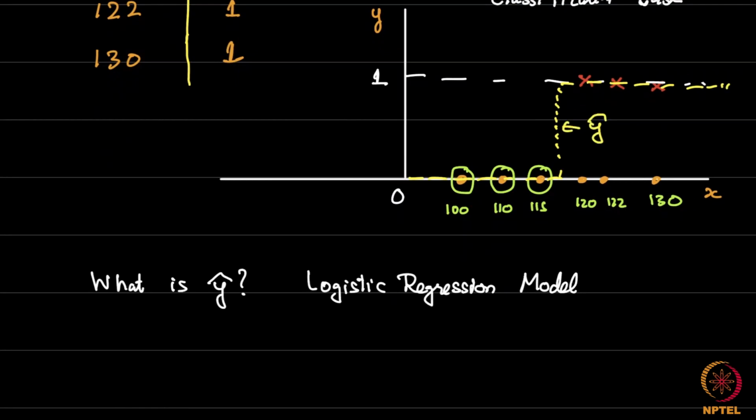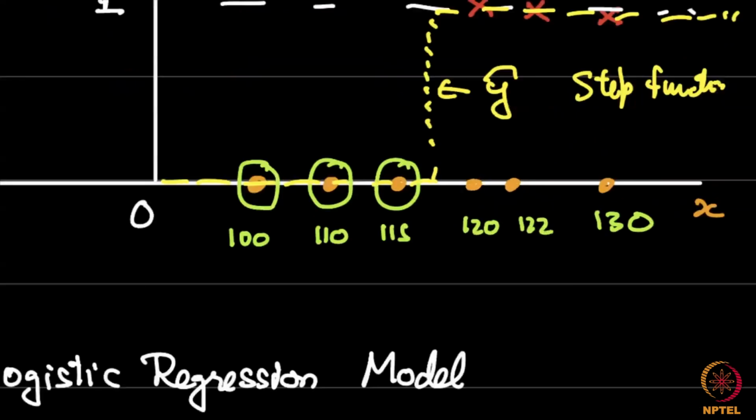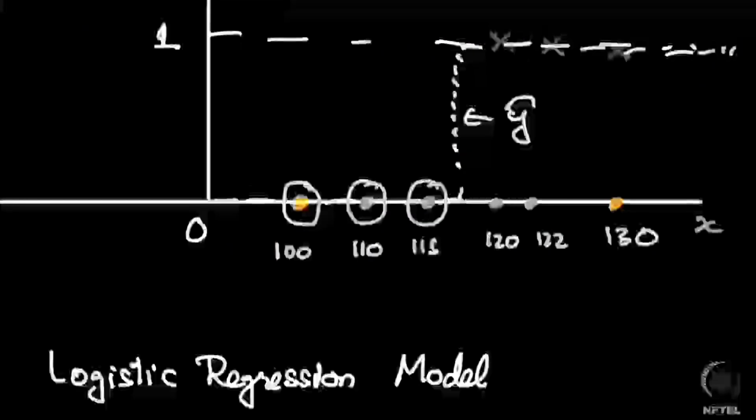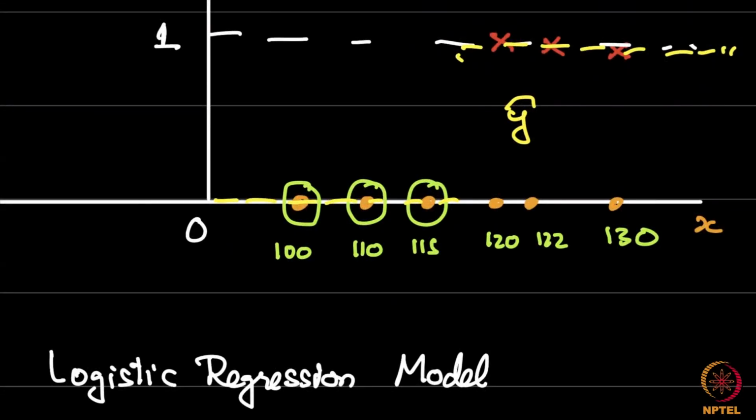And indeed, in the earlier days of machine learning, this was the Y hat that was chosen, a step function. This turns out, due to multiple reasons, especially for optimization, this is not ideal. So we will actually not use this model. We will not use a step function model because it's non-ideal for what we wish to do.